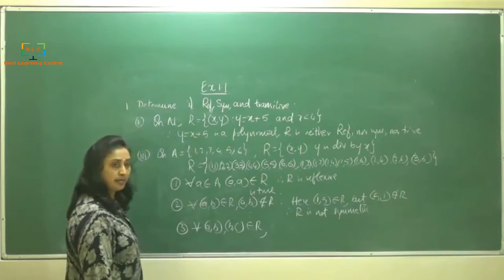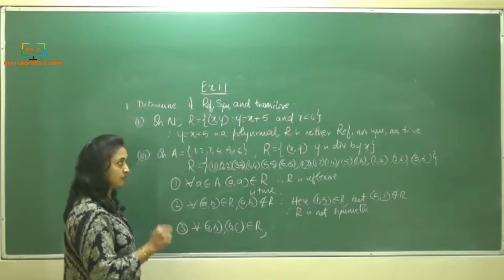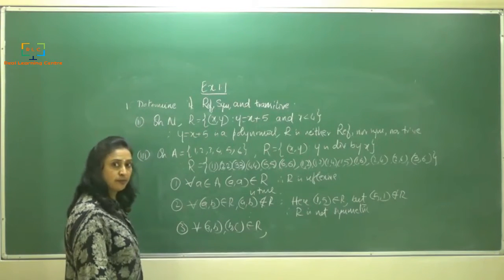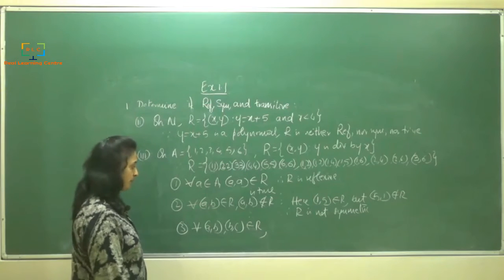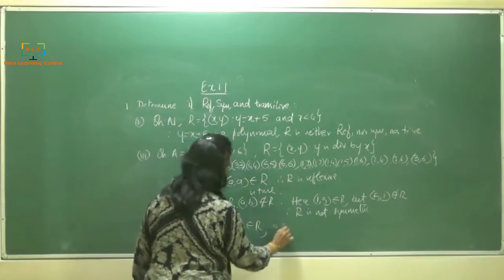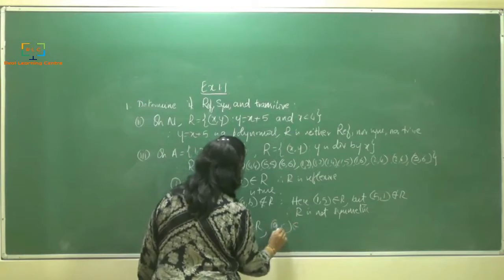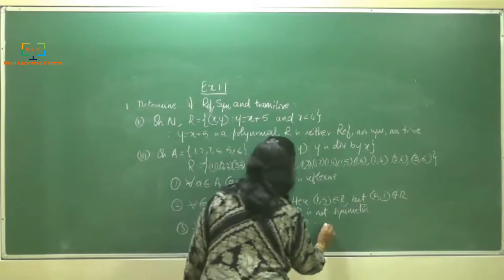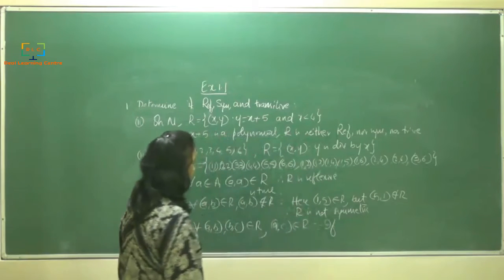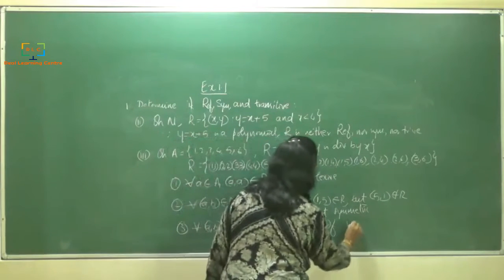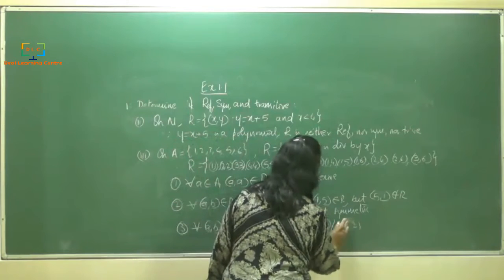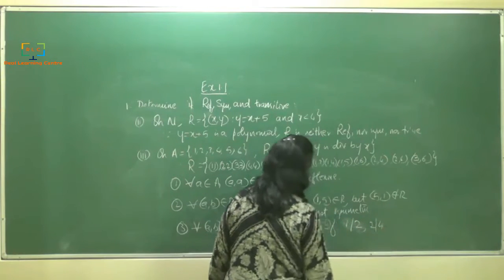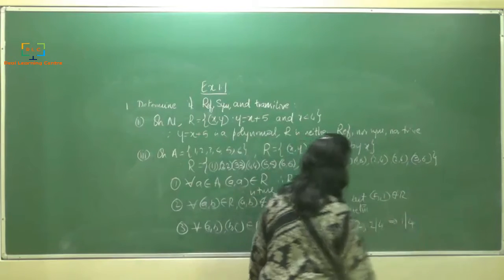So if y is divisible by x, and z is divisible by y, therefore z is divisible by x is possible. (a, b), (b, c) belonging to R, (a, c) belongs to R, because, let me write like this: if 1 divides 2 and 2 divides 4, this implies 1 divides 4.